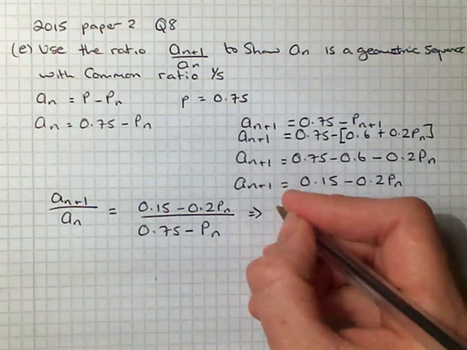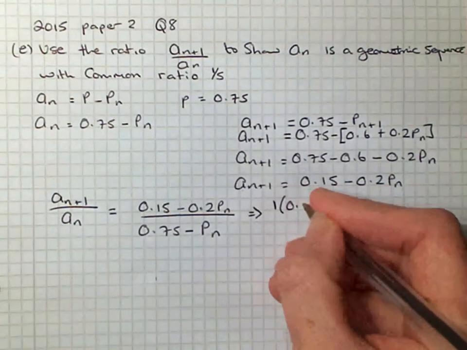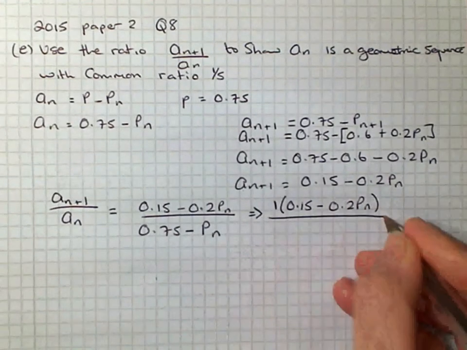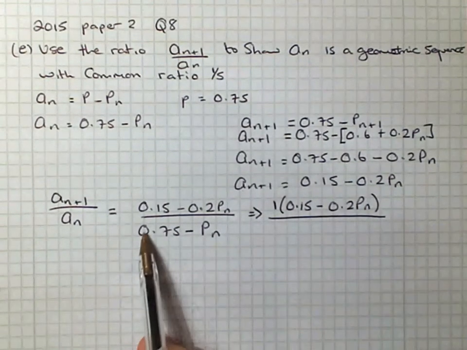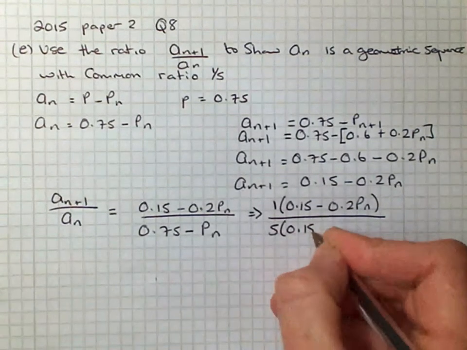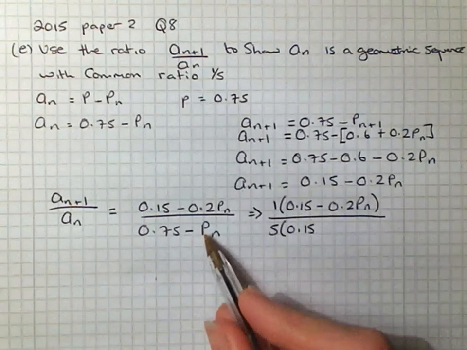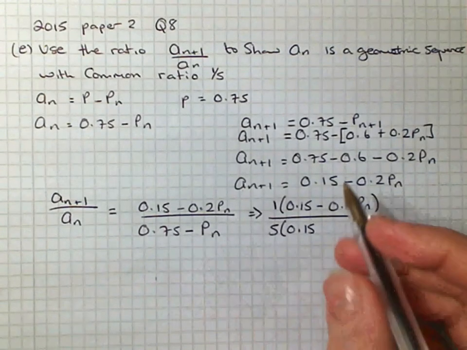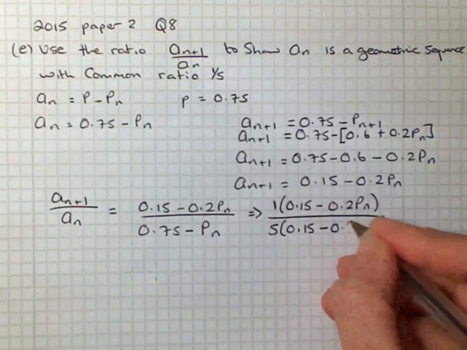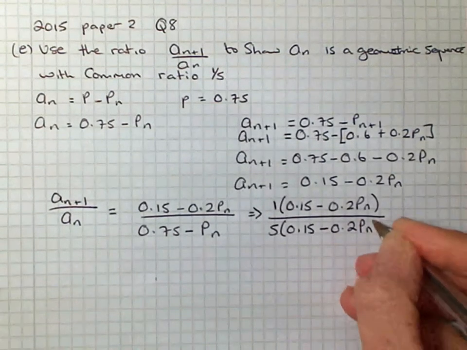So if you take out 1 out of the top, 0.15 minus 0.2 pn, okay, so multiply that by 1, and if you look here, if you divide 0.75 by 5, you end up with 0.15, and for your pn, divided by 5 is a fifth, or 0.2, so that leaves you with the minus 0.2 pn.